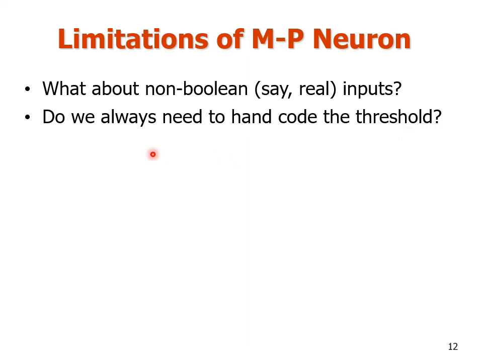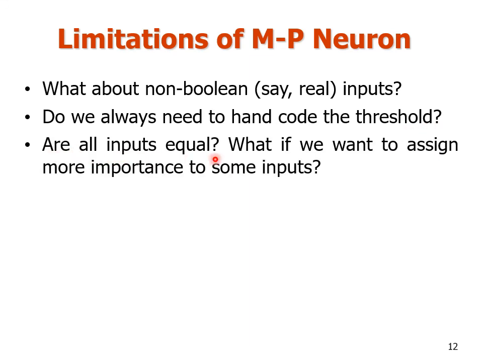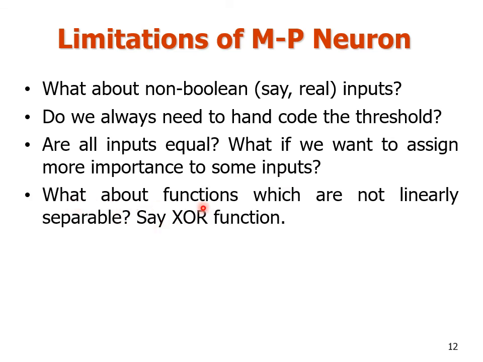Question number 3, are all inputs equal? What if we want to assign more importance to some of the inputs? And question number 4, what about the functions which are not linearly separable? Say, for example, a function like the XOR function.